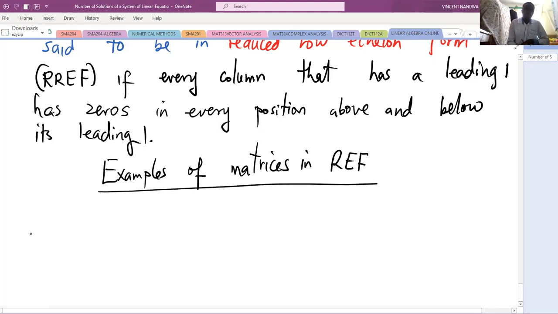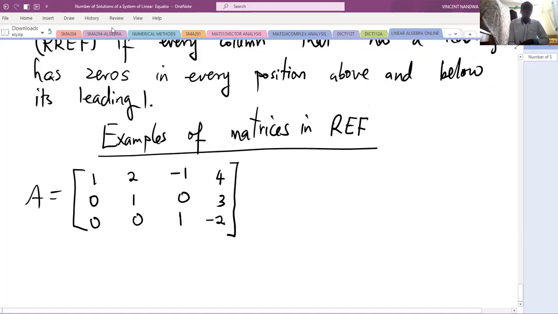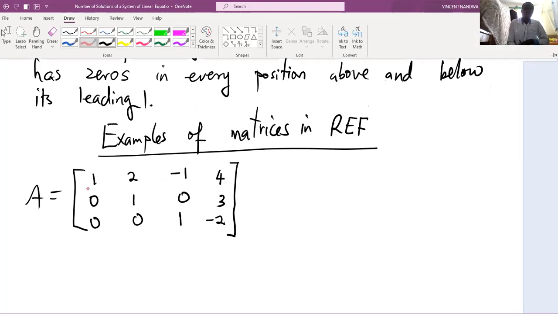We have a matrix A given by the rows 1, 2, -1, 4; 0, 1, 0, 3; 0, 0, 1, -2. This is in row echelon form because these are our leading ones.